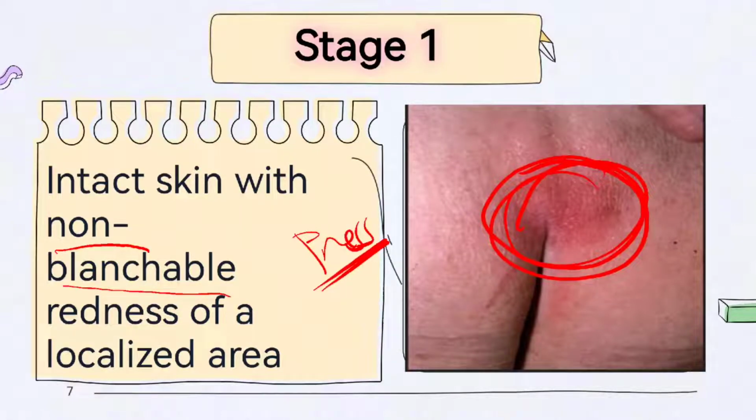If you notice any redness on the patient's skin, next ask yourself, is this located in a bony prominence area? If yes, then do the non-blanchable test. Press the area. If it doesn't turn white, that means it's positive. It's already stage 1. Okay, clear.